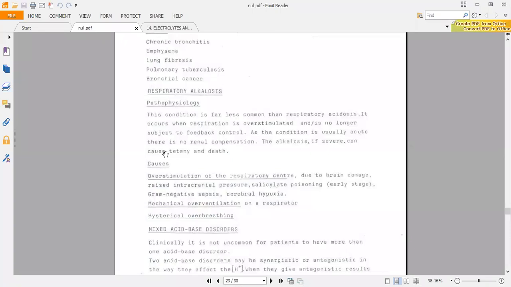So if you push away all the carbon dioxide, you have a lot of base inside you, and you enter a respiratory alkalosis state. So, overstimulation of the respiratory centers, anything that can cause the person to hyperventilate. Good.